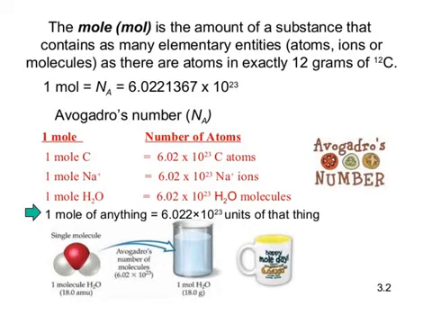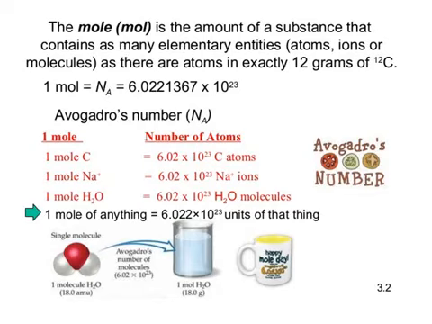When you take 1 mole of sodium ion, it contains 6.022 into 10 to the power 23 sodium ions. When you take 1 mole of water, it again contains 6.022 into 10 to the power 23 water molecules.